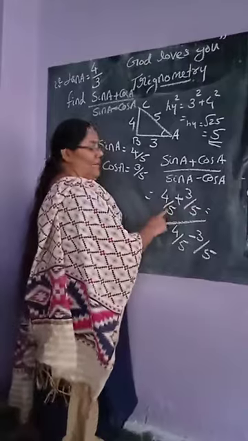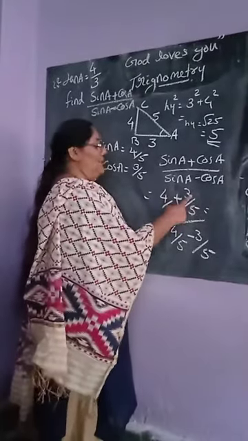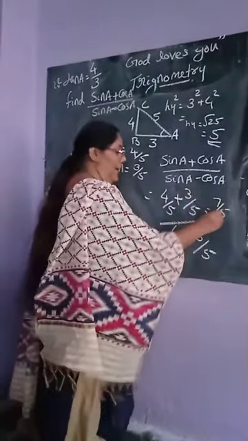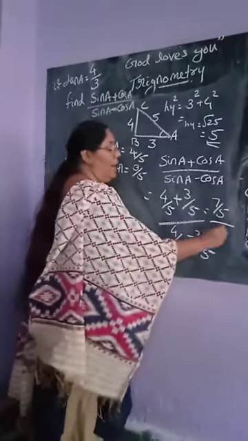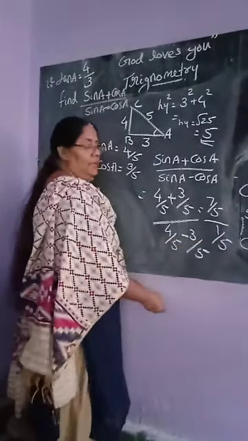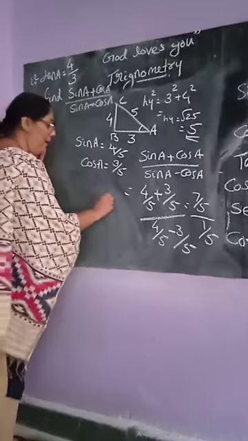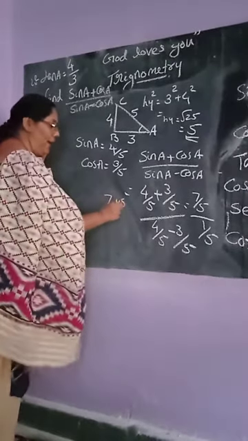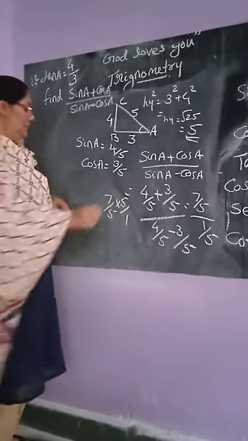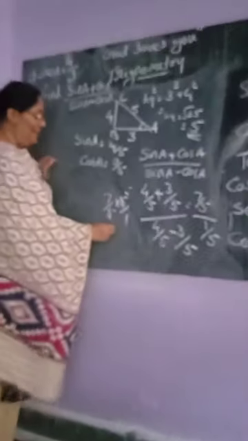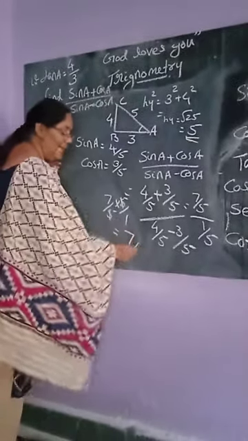What is here the same LCM? 5. 4 plus 3, 7 by 5 by 4 minus 3, 1 by 5. Understand? That is 7 by 5 into 5 by 1. 5 cancel. What is the final answer? 7. Listen. 7 is the final answer.